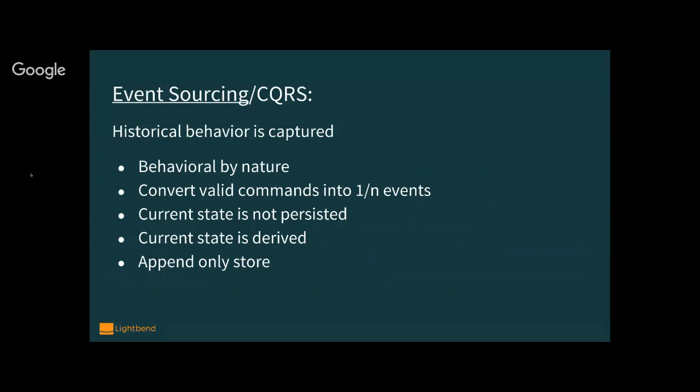The key thing to understand is that current state is not persisted, it is derived. And here's where the icing on the cake is. It ends up being an append-only store. So when you look at distributed systems, especially systems that are sharded, the notion of write-only or append-only is a much easier structure to persist in a distributed environment.